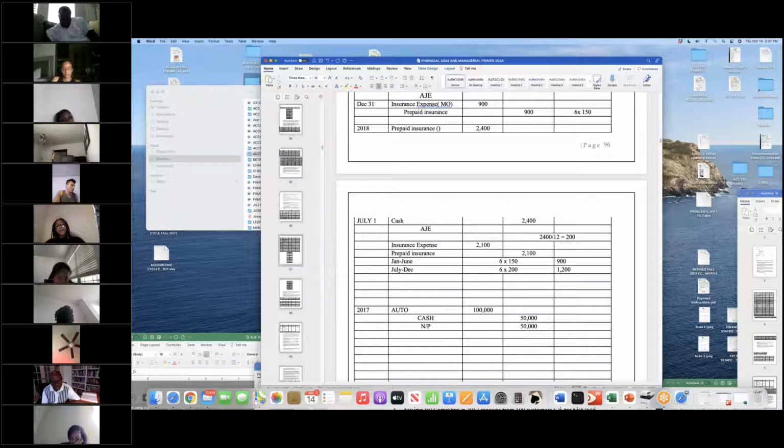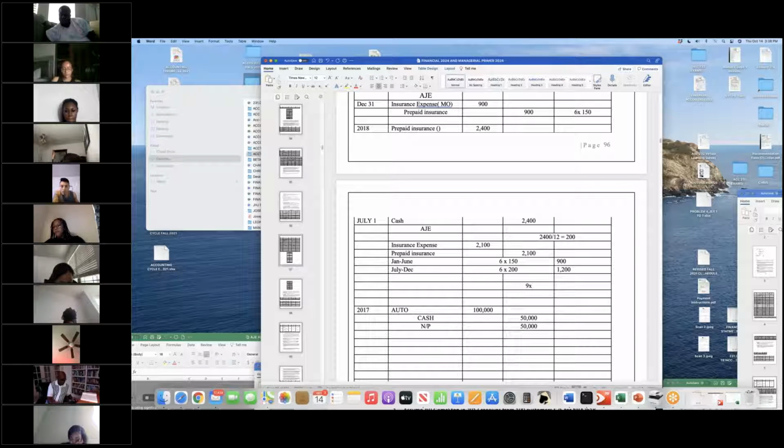So if it were an October 1st situation, we would have 9 months at 150 and 3 at 200 if the dates were October. So if we had bought it October 1st last year, then we would have 9 times 150, and we'd have 3 times 200.